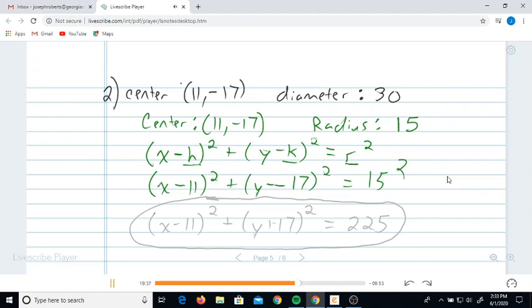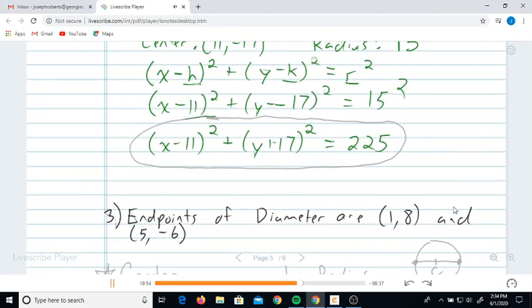So when I simplify, I get x minus 11 quantity squared. So minus negative becomes positive, so that's why there's a plus 17 there, quantity squared. And then 15 squared is going to be 225. And there's the equation.